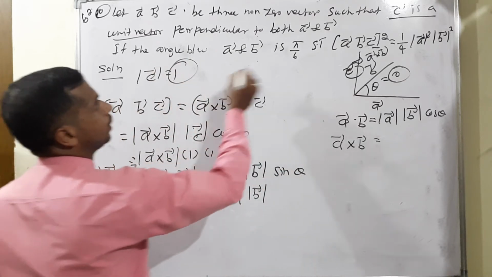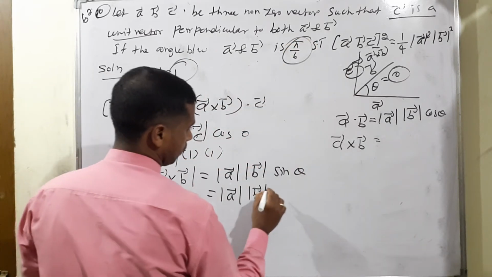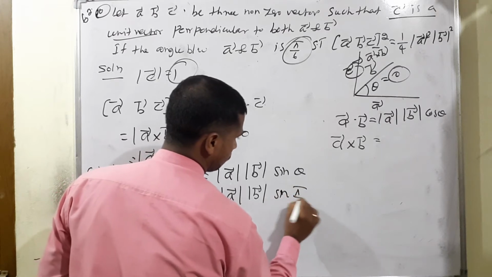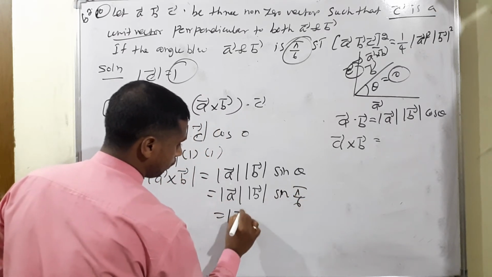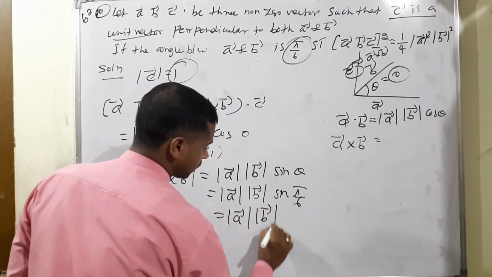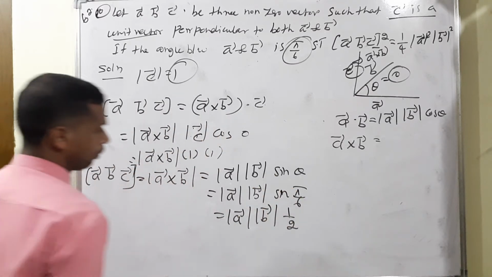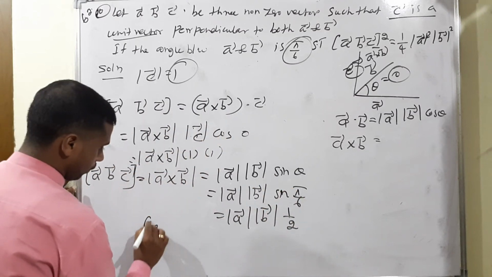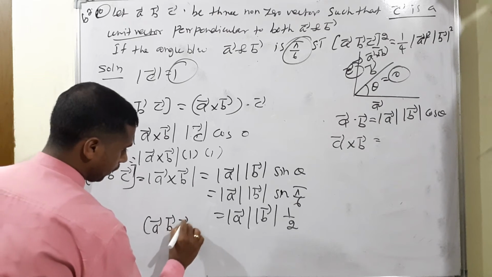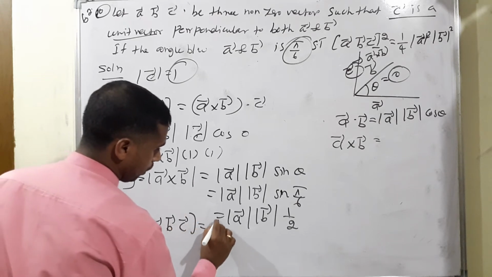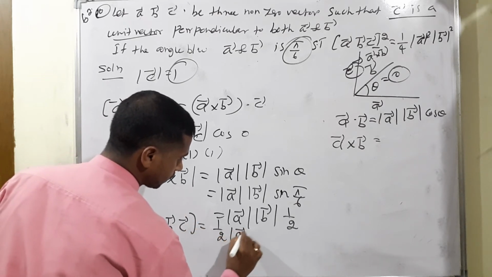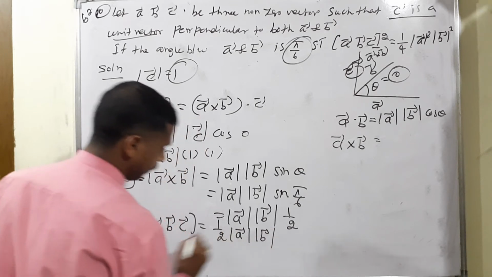How much? Theta is pi by 6. So sin pi by 6 means 1 by 2. Therefore, box product A vector, B vector, C vector is equal to 1 by 2 into modulus of A vector into modulus of B vector.